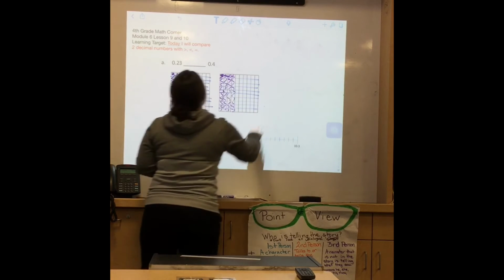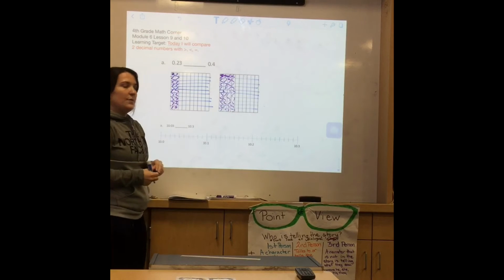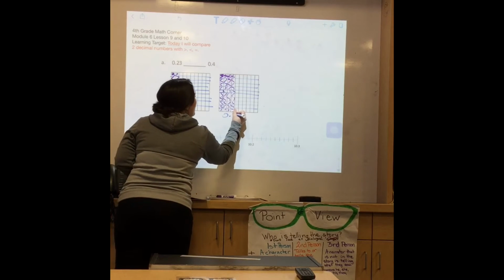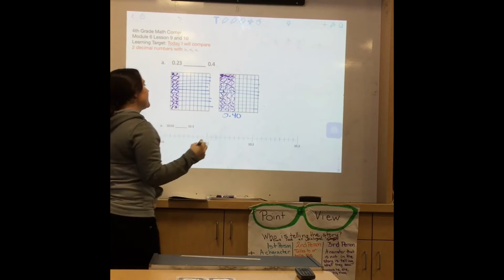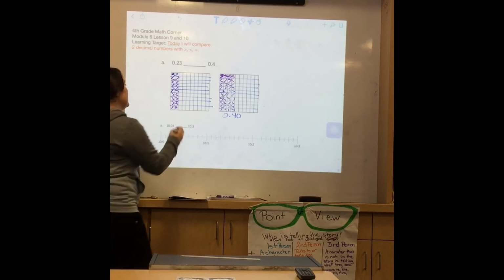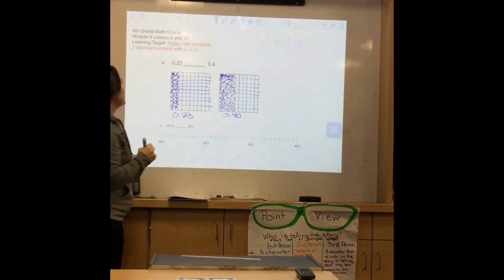Okay, and so I can actually see now that this one, which would be now 0 and 40 hundredths, is larger than what's shaded in 0 and 23 hundredths.